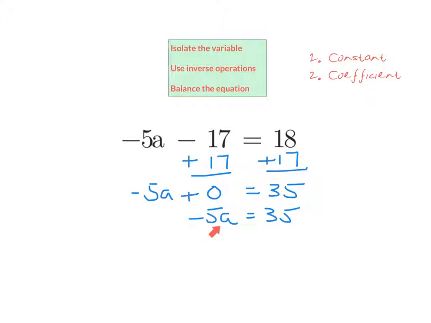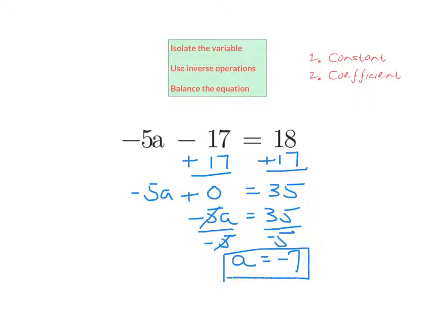I'm still trying to isolate that a, and the operation that's going on the side of the equation with the variable is multiplication, and we undo multiplication with division. So I'm going to divide both sides of my equation by negative 5. My negative 5's cancel out and leave me with an a on the left side of the equation, and 35 divided by negative 5 is a negative 7. So my solution is a is equal to negative 7.